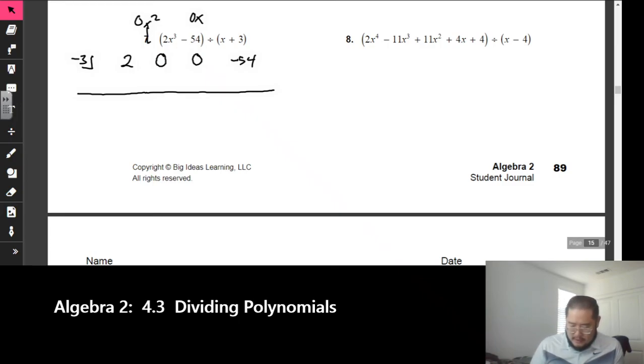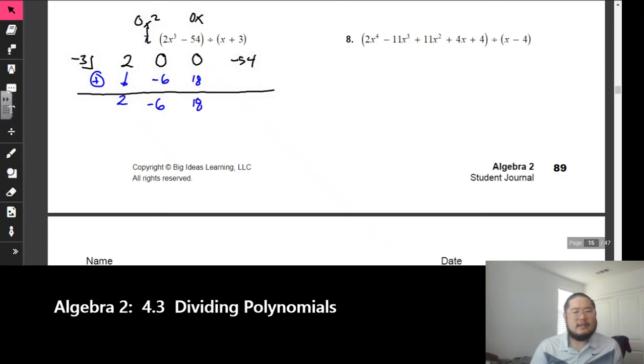So let's go ahead now. Let's solve the problem out. 2 comes down. I take this 2 multiplied by -3, and that number goes underneath the 0. Once again, we are adding. So 0 plus -6 is -6. -6 times -3, positive 18. 0 plus 18, 18.